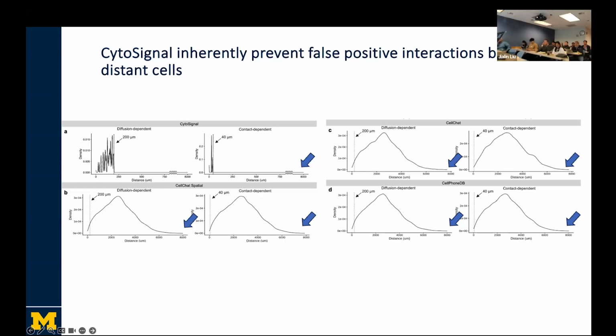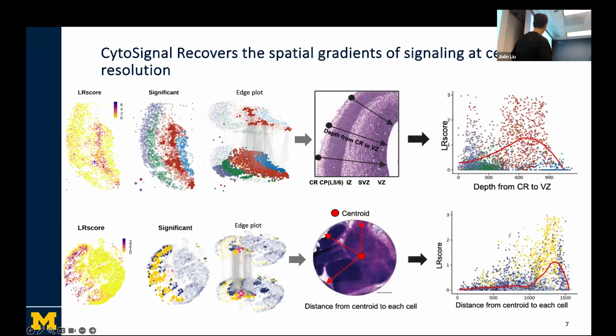There's no way to say that only a portion of a cell type is interacting. And actually that's another advantage. In some of our actual results, we're only telling you a portion of one cell type is interacting with some portion of another cell type. This is a really good advantage. CellChat only tells you SBZ is interacting with BZ and that's all. There's no zoom-in resolution of the communication events.